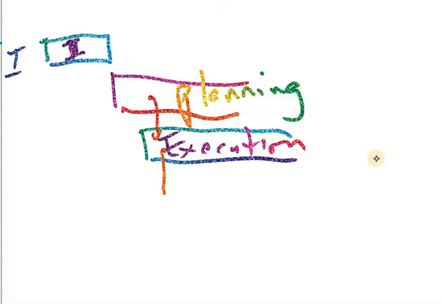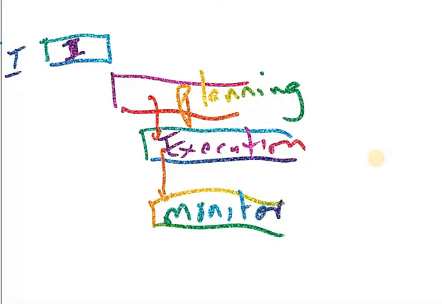And as soon as we execute, we need to, you guessed it, monitor the results. When we monitor, the goal here is to make sure that the outcomes from execution match what we have planned, so they need to be equal or maybe better for us. So we need to make sure that what we have executed matches what we have planned.